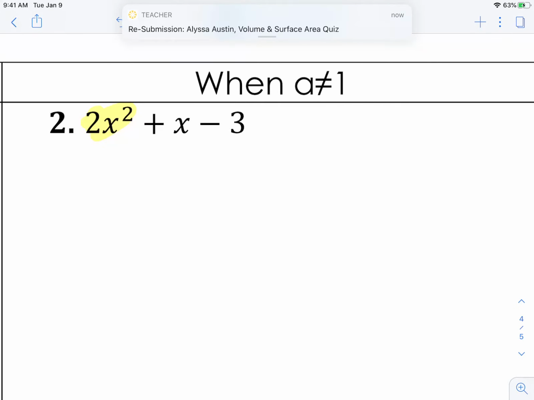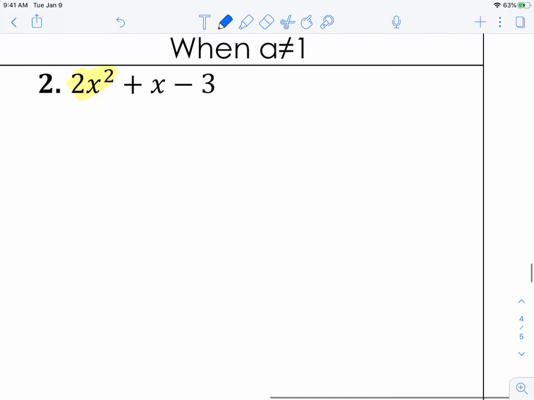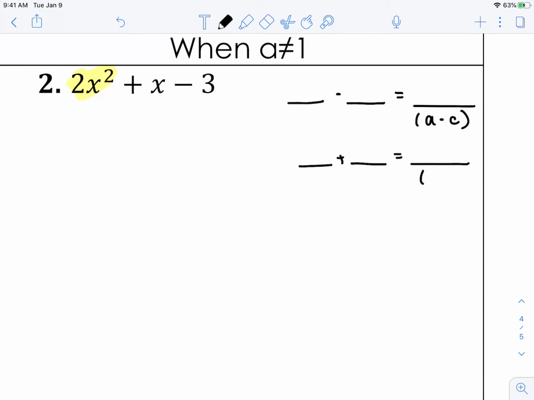Okay, so now we're going to talk about when you have a number in front of the x squared. Our first step is to find two numbers that will multiply to a times c, but will add to our b value.